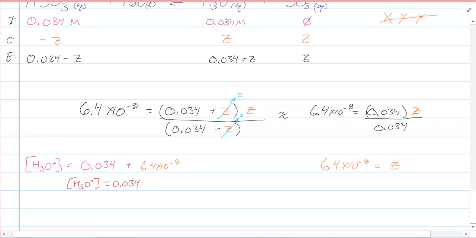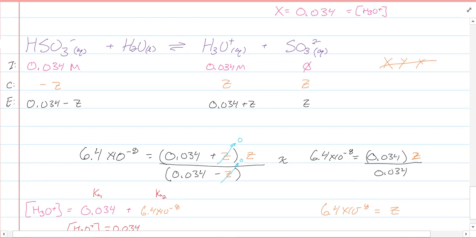That adds almost nothing. Now, does it add? Technically, yes, but it doesn't add anything. So from Ka1, pretty much our pH comes from Ka1, not Ka2, and the reason it comes from Ka1 is Ka1 is so much bigger than Ka2. So the pH, of course, is negative log of hydronium, which is the negative log of 0.034, which is 1.5.